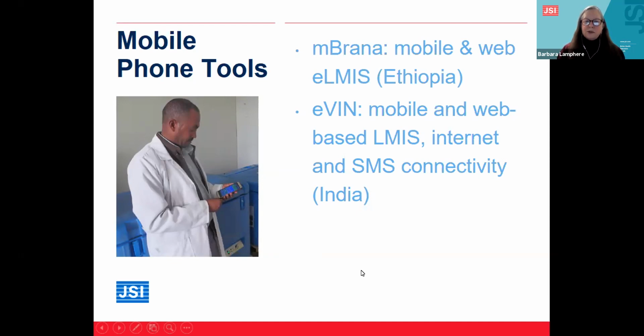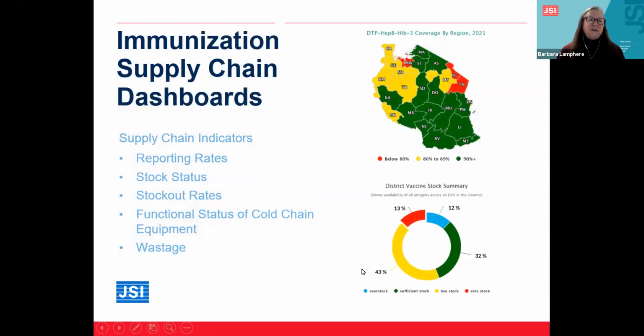All these mobile tools should feed into some kind of performance management system that is visualized through a dashboard. And we looked at dashboards last time we were together in the last webinar. We looked at the VLIMS dashboards.